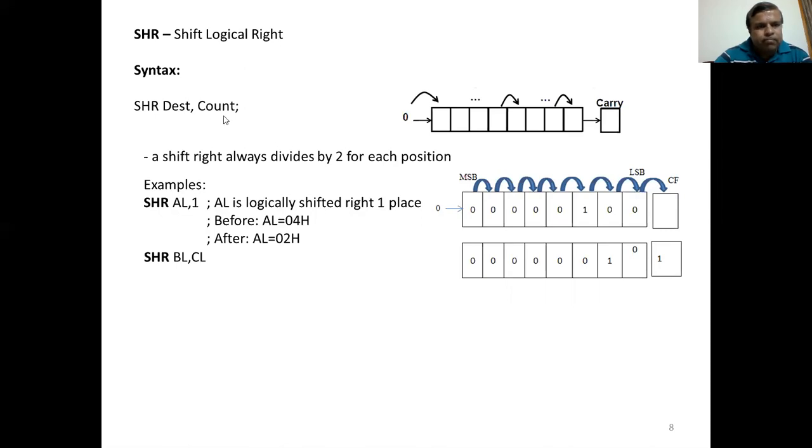As the instruction is executed, a 0 is shifted into the MSB position, and the LSB is shifted into the carry flag.